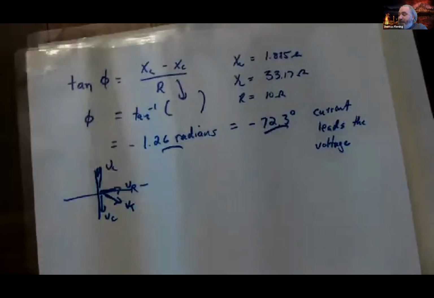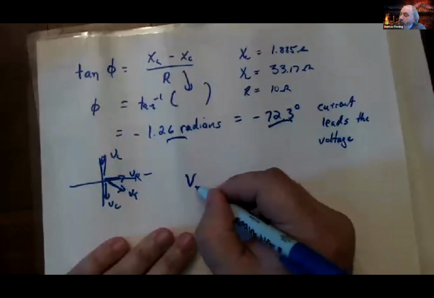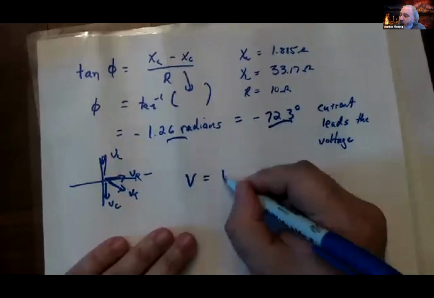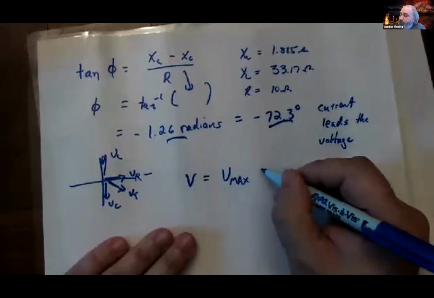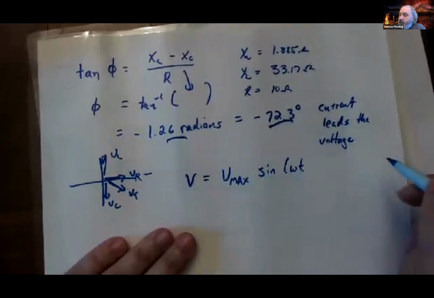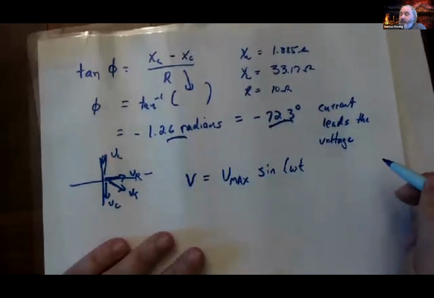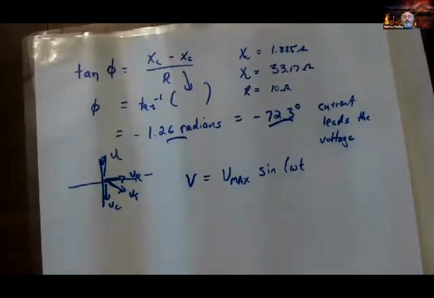And so what's going to happen is if I want to write an expression for my voltage as a function of time, it'll always be Vmax sine omega t, and then I have to add or subtract that phase shift.